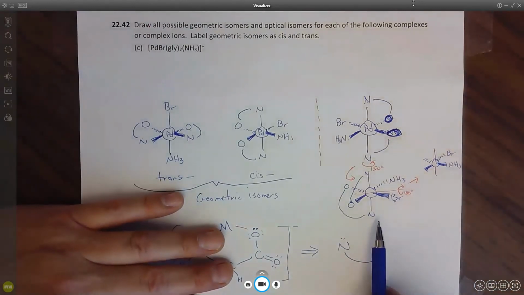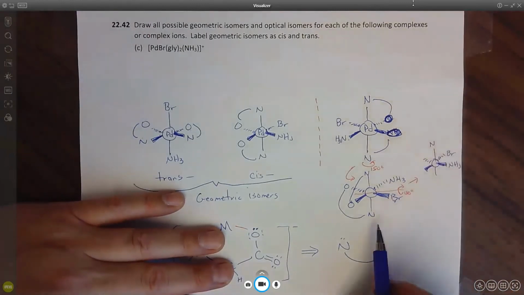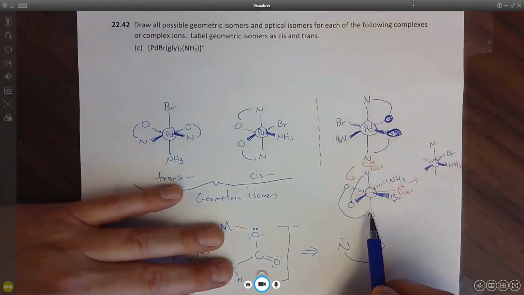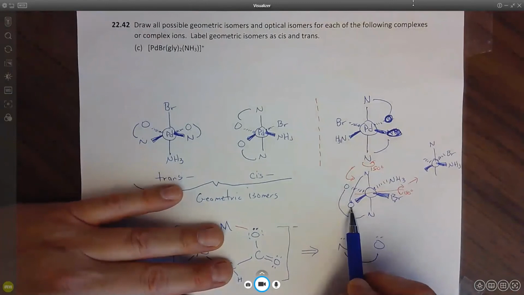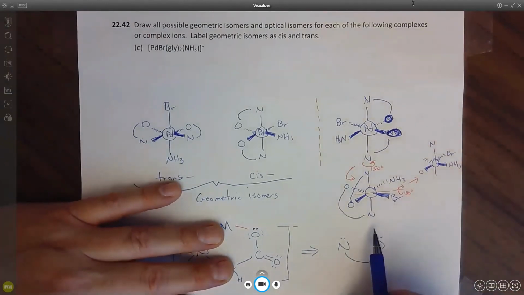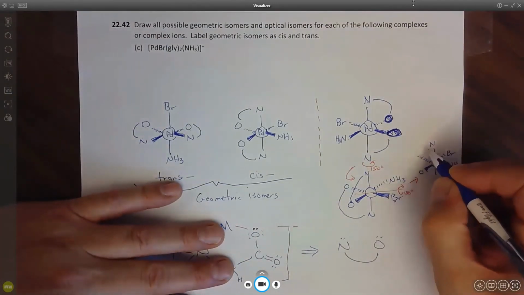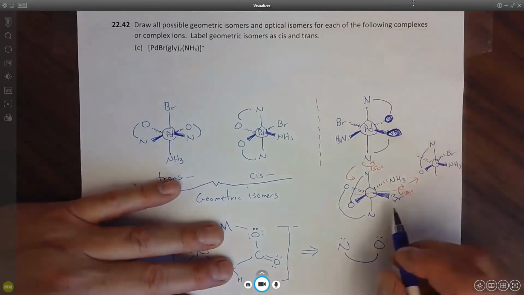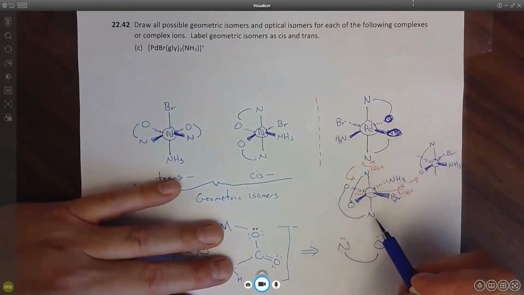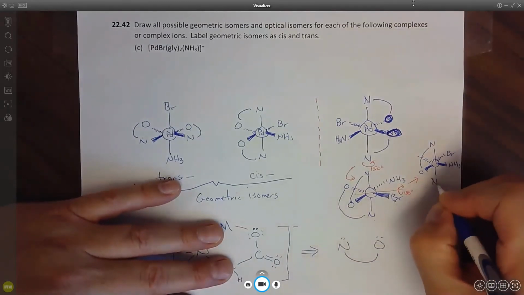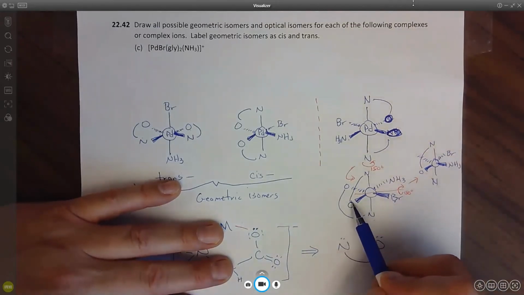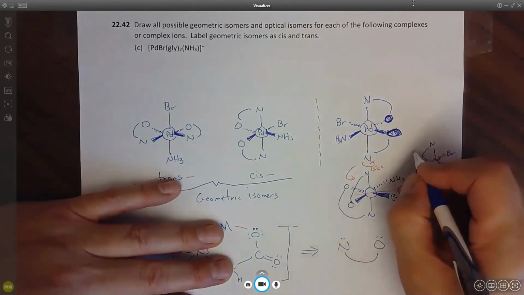Now let's look at this one. That's going to flip this one to here, and then this oxygen is going to be here, so these two are connected. Then this nitrogen would be flipped down to here, and this oxygen is going to be flipped back to here.